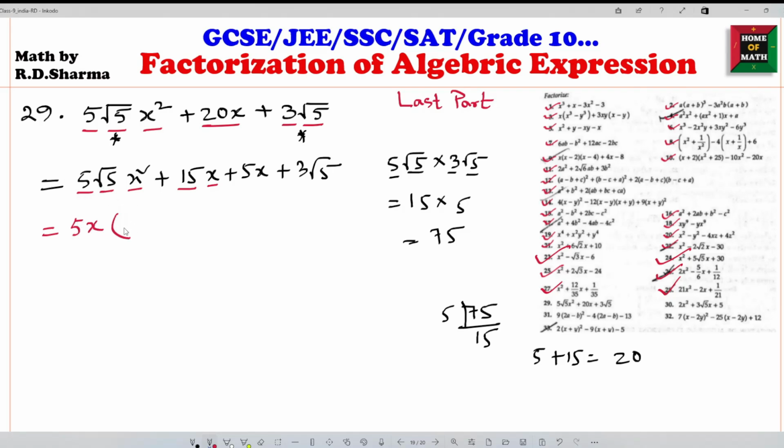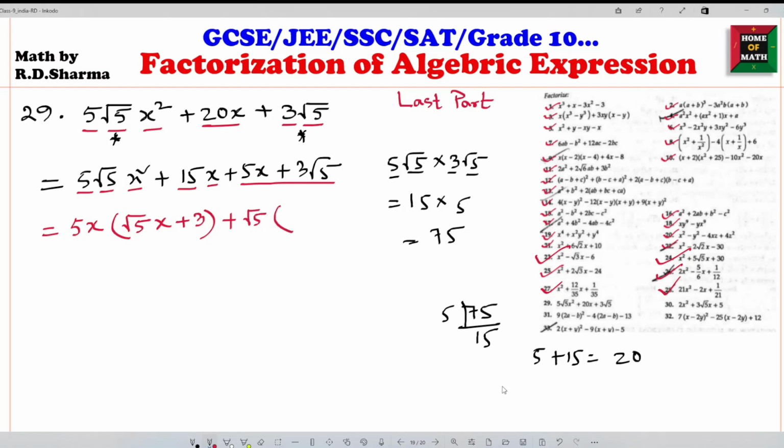So here is root 5, and once we take common from x square, x will remain. So root 5x plus, and here is only 3, because 15 divided by 5 is 3, and x divided by x is 1. Now look, from here we can just take root 5.